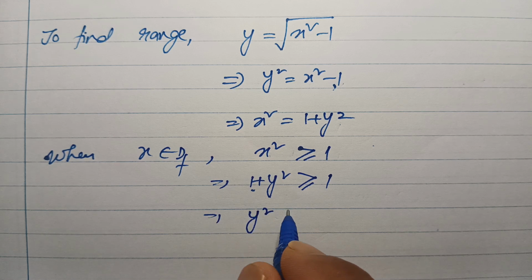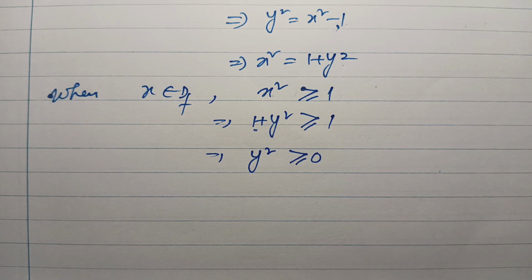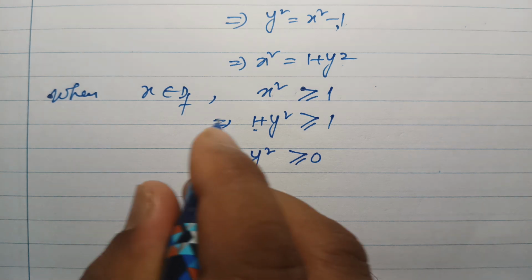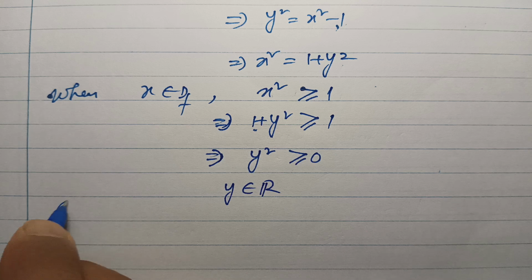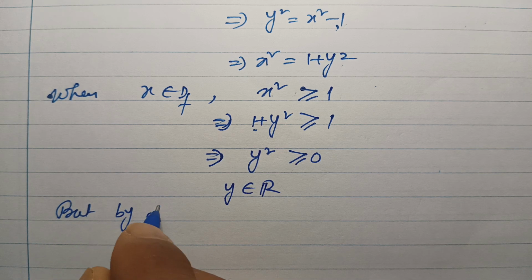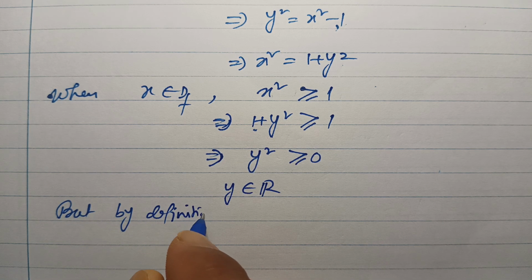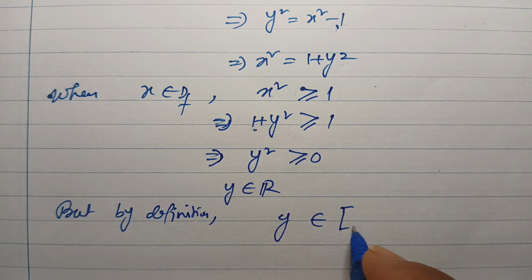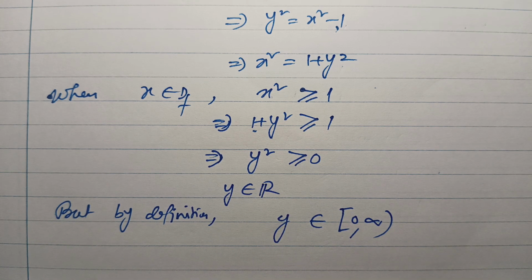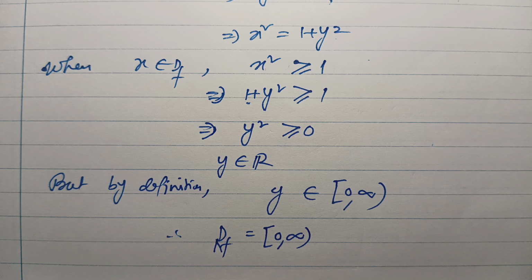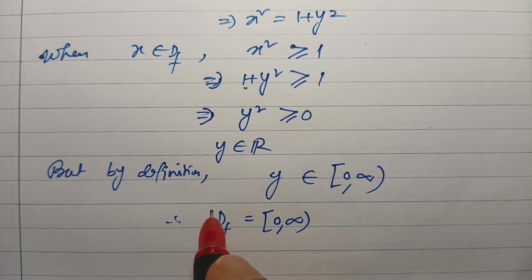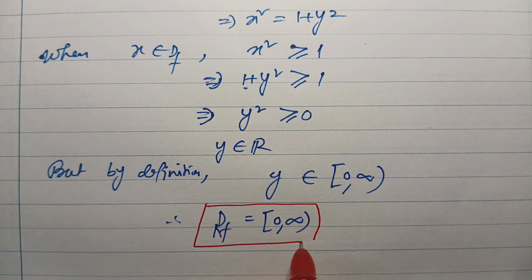This implies y square is greater than or equal to 0. If y square is greater than or equal to 0, it is true for all real, but by definition, y belongs to 0 to infinity because we have taken the positive square root. Therefore, the range of this function is from 0 to infinity. So this is the answer to the question.